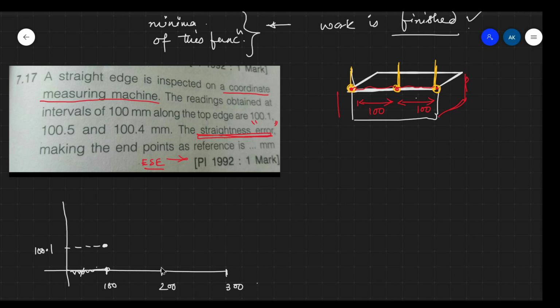At 200, it saw some 100.5. At last, it saw some 100.4. Somewhere here, right? Here. This height was 100.4.